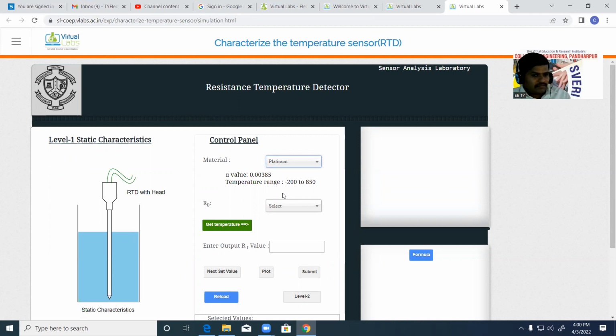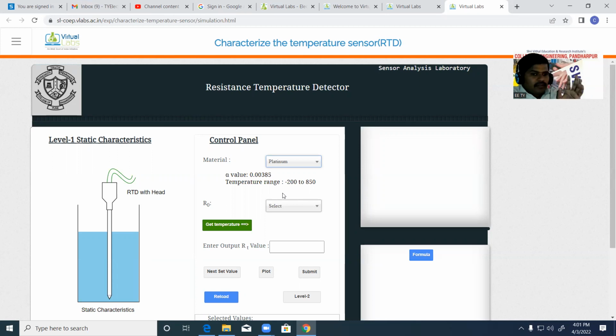I selected platinum, and it is the standard value of that material. It is the change in resistance per degree Celsius, the ratio of how much the resistance changes for one degree Celsius. That is nothing but the temperature coefficient. The value of the temperature coefficient is standard, and it is given as 0.00385.